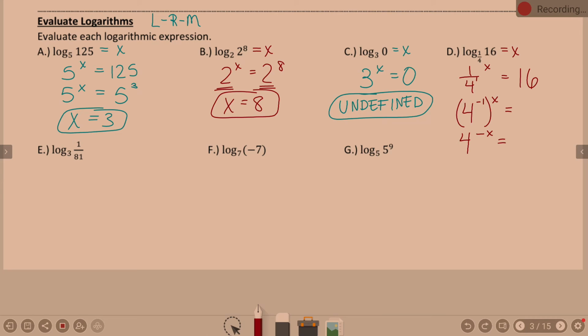So how do I rewrite it? 16 is 4 to what power? Second. So I'm going to rewrite this as 4 to the second. Sorry, I might not have been asking the right leading questions there. I had a lot of confused looks, but now, okay, what do you see at this point?